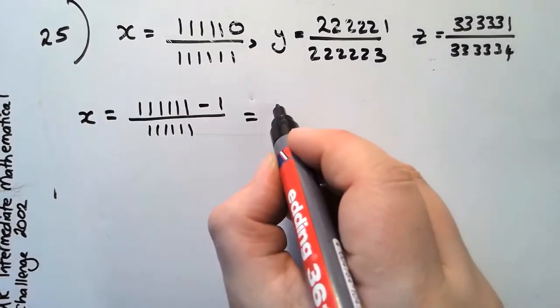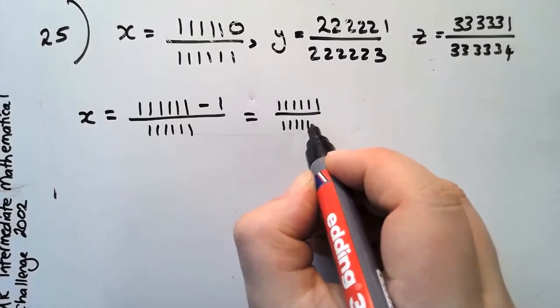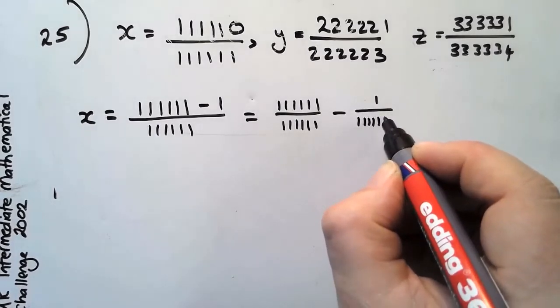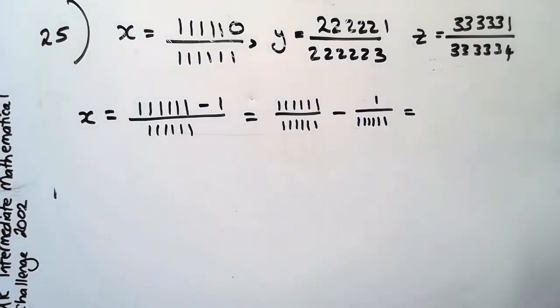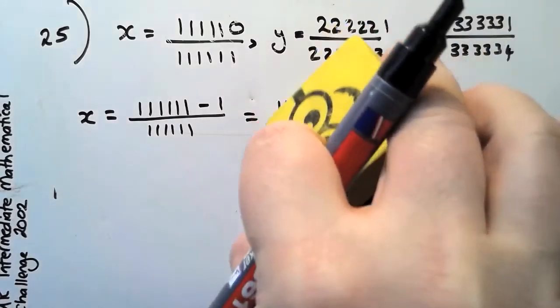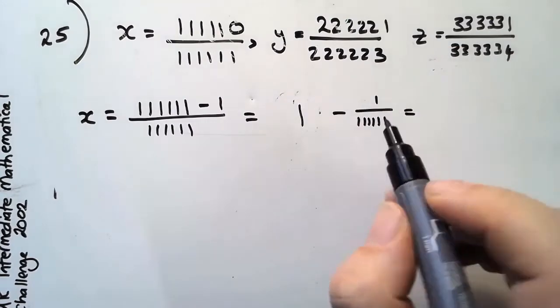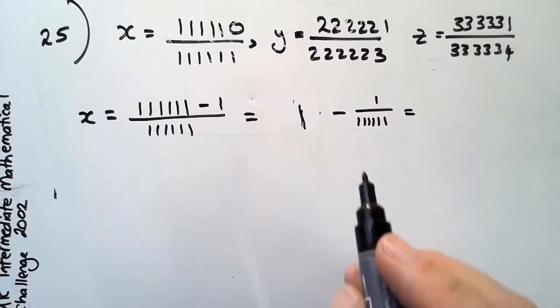And we could write that out as this, which we could also write, and we could replace this by just 1. And then, well, let's just stick it there for now.